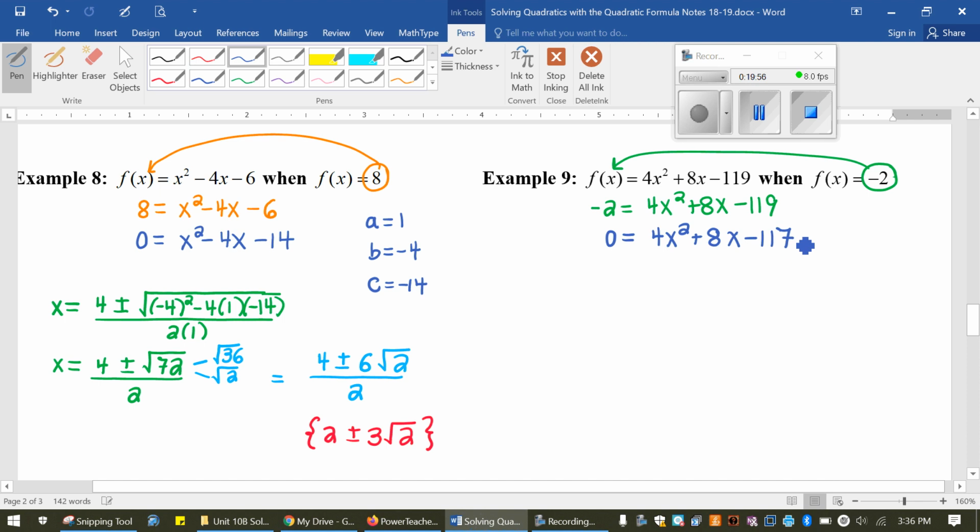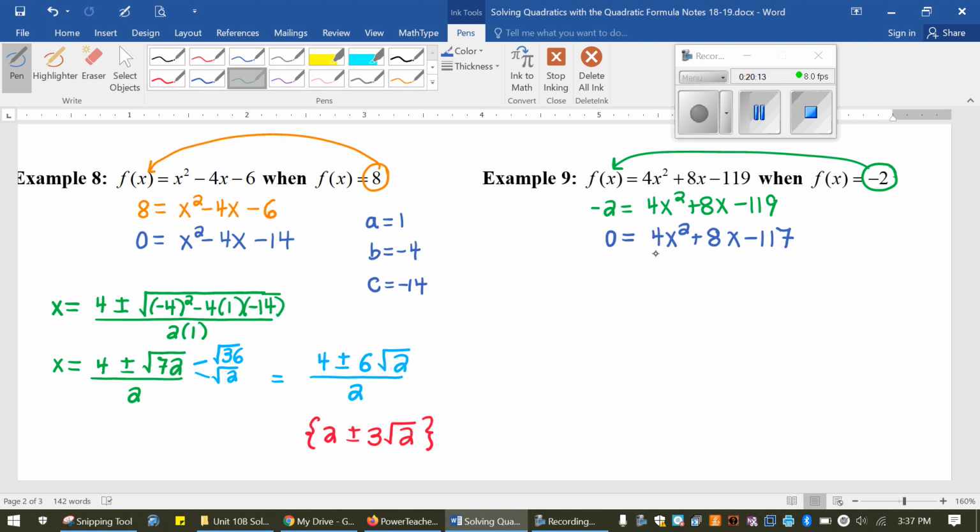And now in example number 5, we were able to factor something out of each term. We had a GCF. We don't have one here because 4 will not go into 117. We're going to have to use the quad formula with this large value of c.